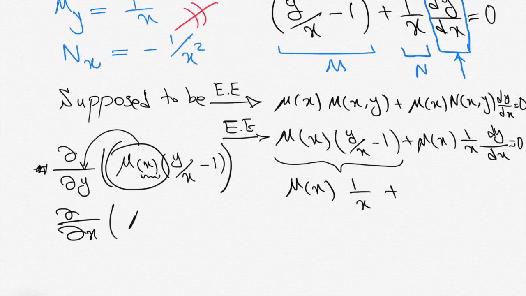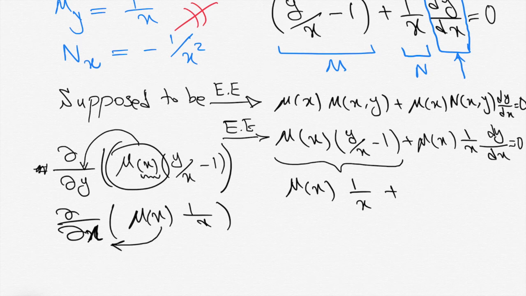Therefore here again we will talk about mu of x times 1 over x, and we want to take the derivative of it with respect to x, right?